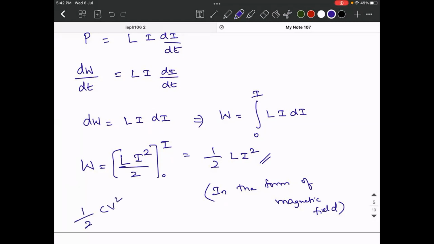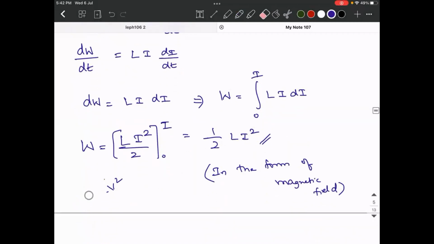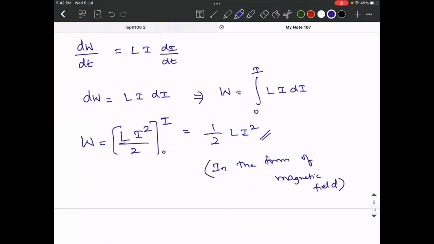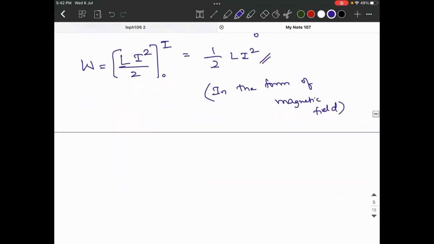Instead of capacitance, you have inductance. Instead of potential difference, you have current. Is that clear? So energy is stored in the form of magnetic field. Okay.